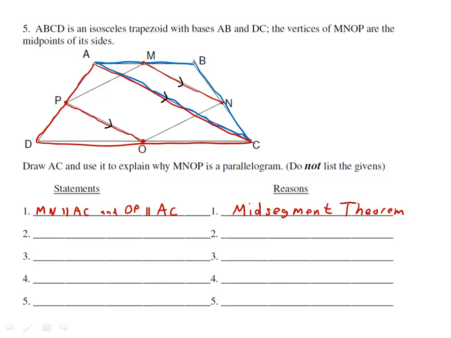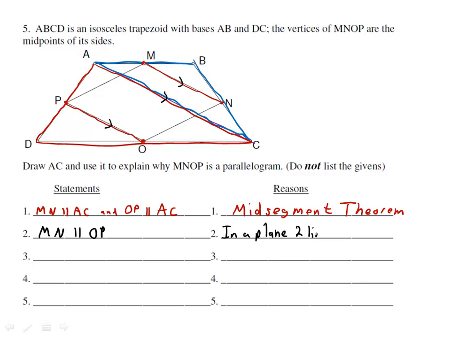Then it says that MN is parallel to OP. Well, you can see that. And why is that? It's because in a plane, two lines parallel to the same line are parallel to each other. Not sure I can fit all that on here, but we'll try. In a plane, I might have to use some shorthand.